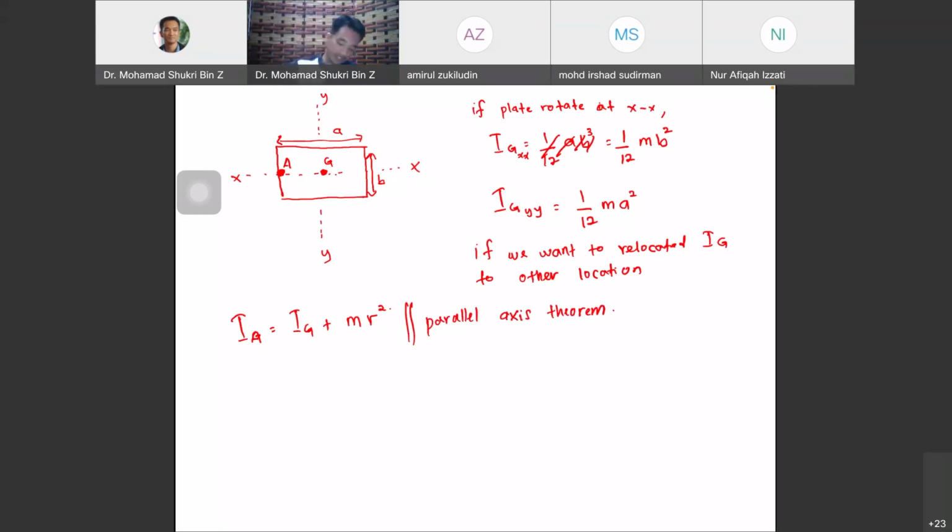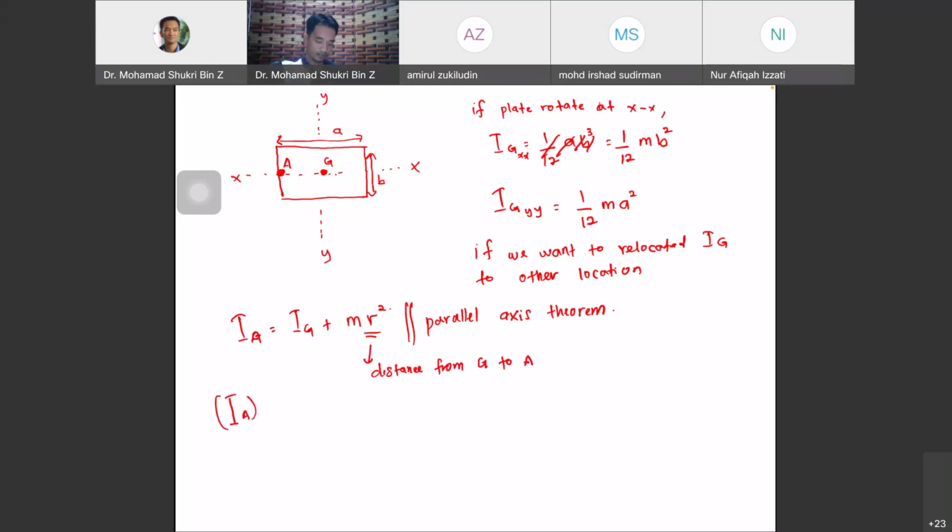What does it mean? R here is the distance from G to A, from the center of gravity to the location we want to move the mass moment of inertia to. For this case, the rectangular plate, let's say I want to measure the mass moment of inertia at A, or YY.